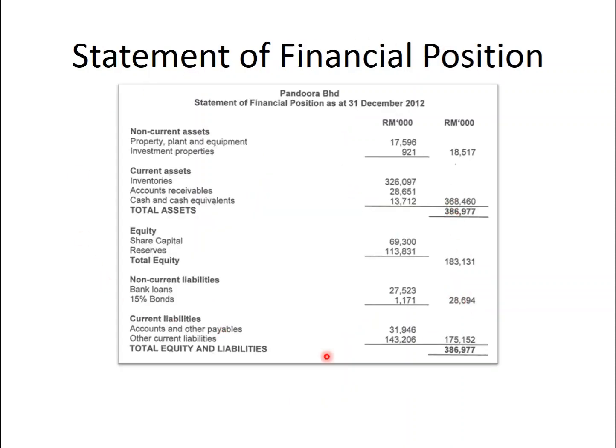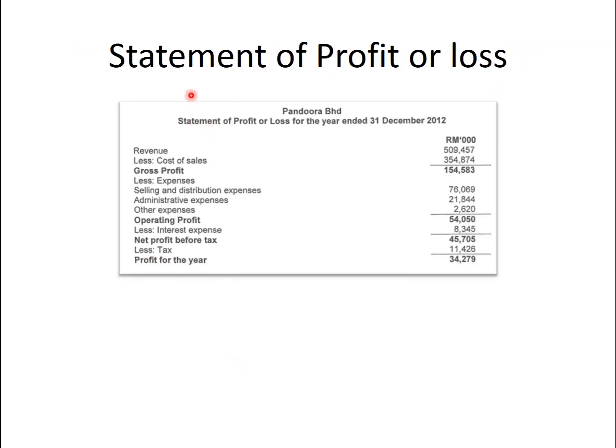This is an example of statement of financial position, which consists of non-current assets, equity, non-current liabilities, and current liabilities. While statement of profit or loss has the information regarding the revenue and expenses of the company during the year.